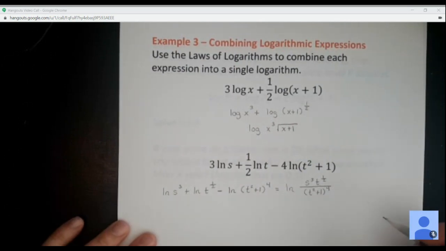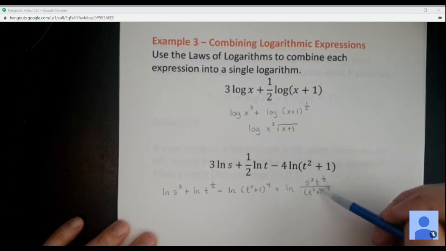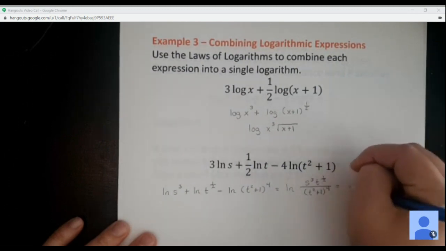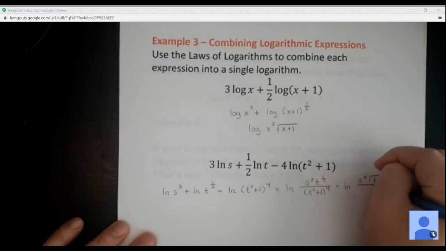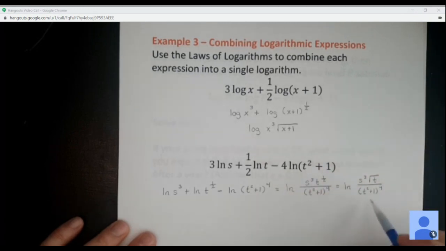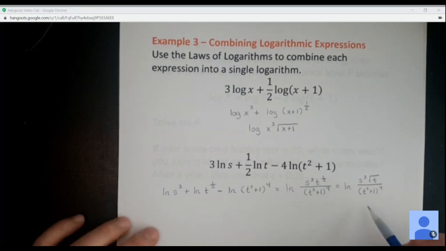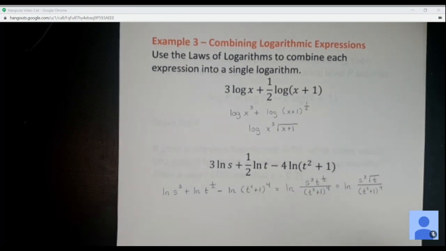Now, the only other thing we could do here, if you really wanted, we could change that into a square root. So if you want to rewrite that as natural log s cubed times the square root of t over t squared plus 1 to the fourth. You do not need to expand out the t squared plus 1 to the fourth. Okay, you can just leave it like that, because otherwise you have to do t squared plus 1 times itself 4 times and multiply that.